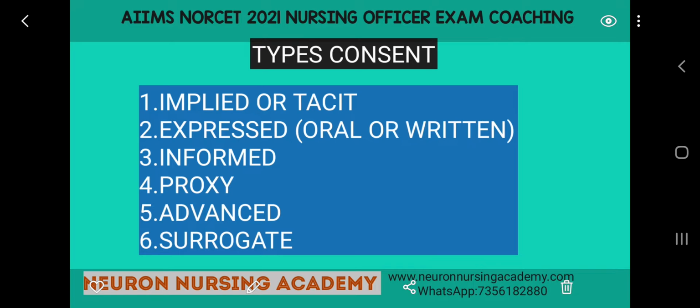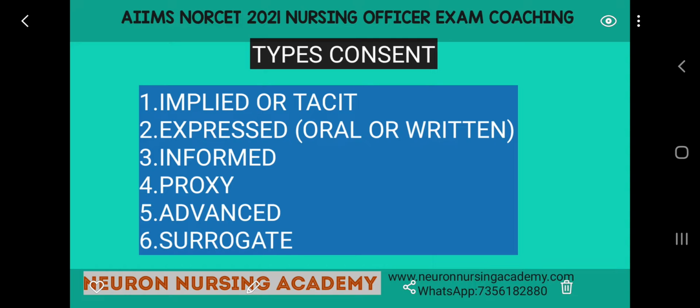Implied or tacit consent means when a person is coming to an OPD or emergency department. Imagine one patient is coming to your department. When one person is coming to a hospital, he has already agreed to get a consultation or to undergo some physical examination, blood investigation, etc. So in that case, no need to ask the patient, because the patient already agreed.